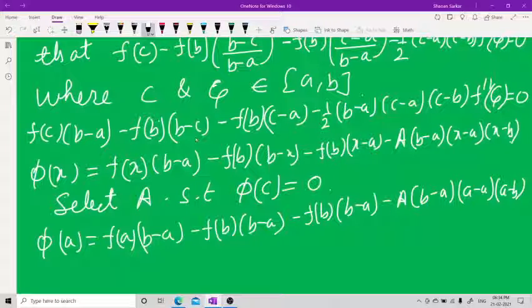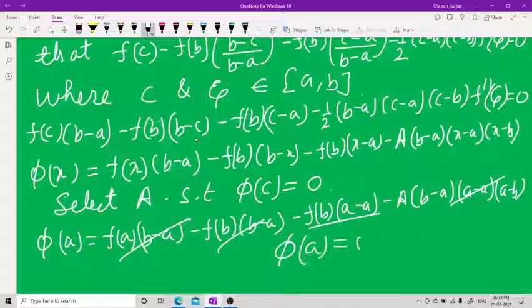This is a minus a, sorry, this is a minus a. The whole thing cancels with this. This is all 0, and this is again 0. So phi of A comes out to be 0.